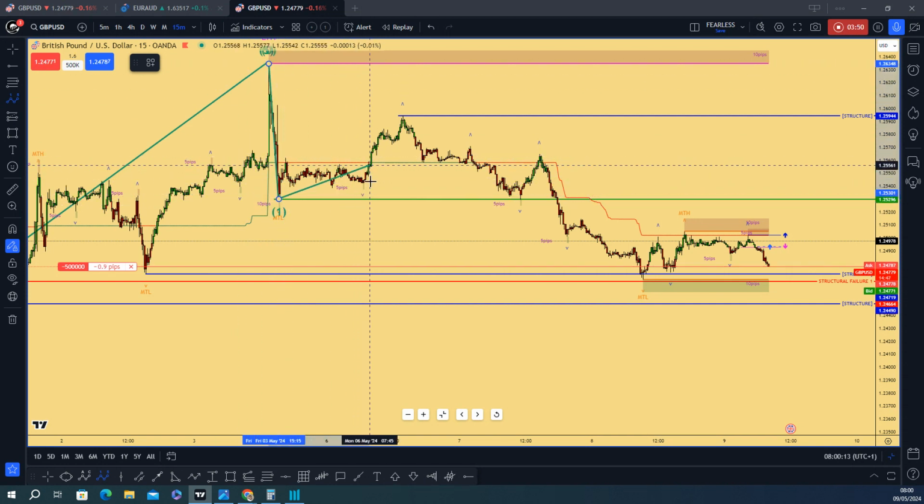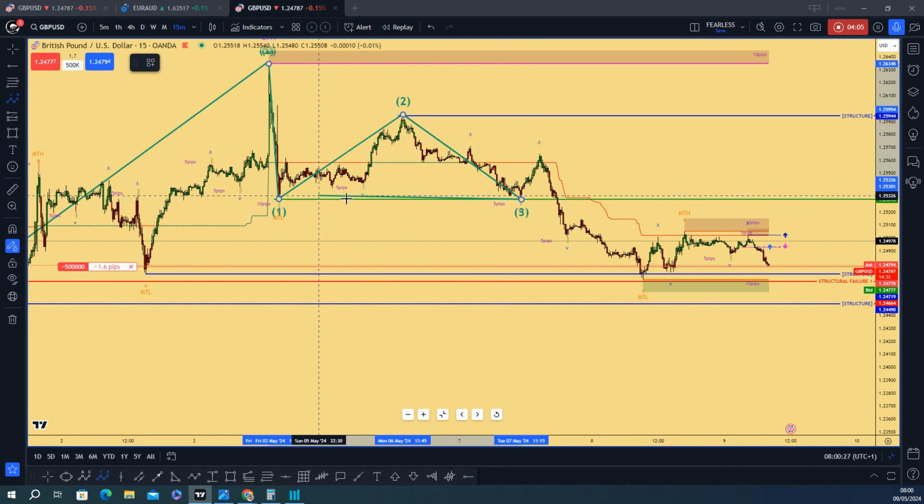The 2 was a little bit tricky because of the sideways and a break higher, which is okay. Then 2, we had a pin down. 3, it came below there. That is 3. That is 4, and this is 5.